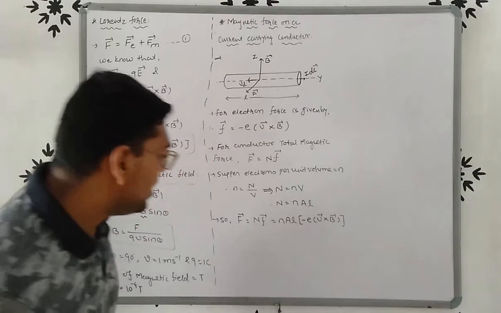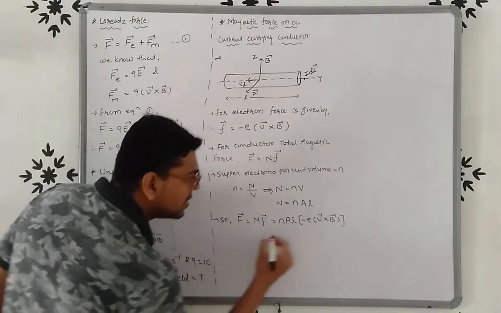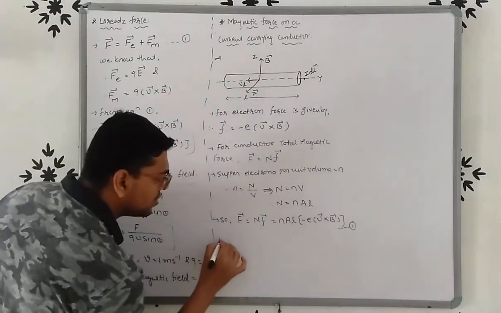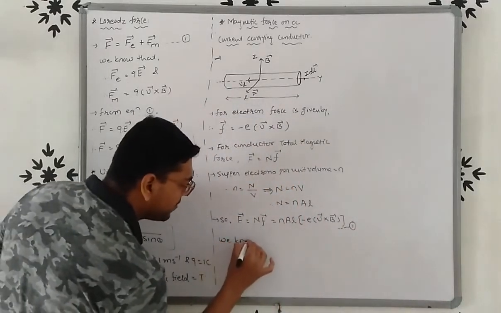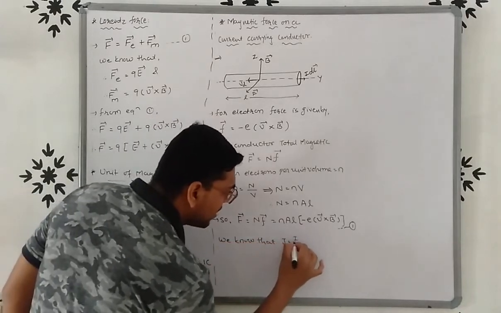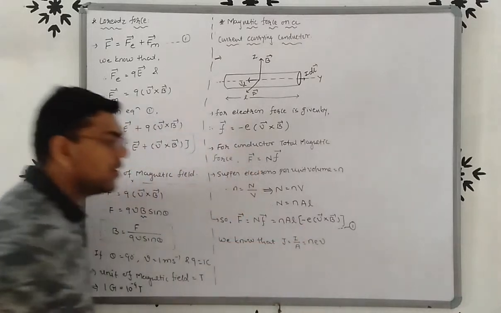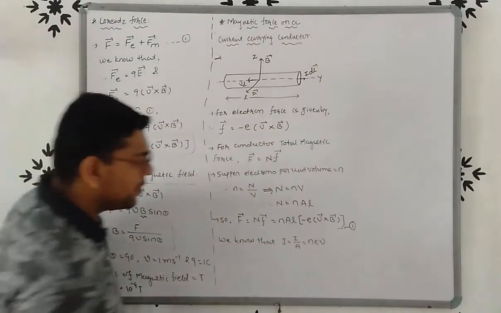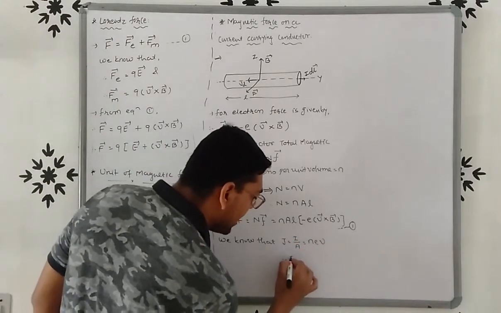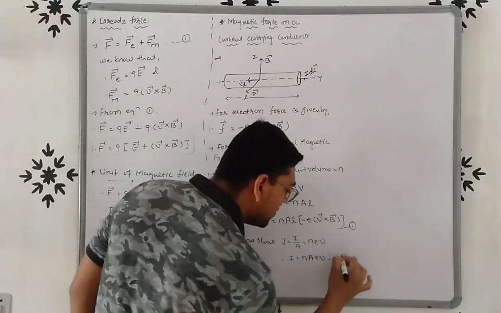So this equation is equation number 1. So we know that J is equal to I by A is equal to n e v, right? So I is equal to n A e v. That is equation number 2.